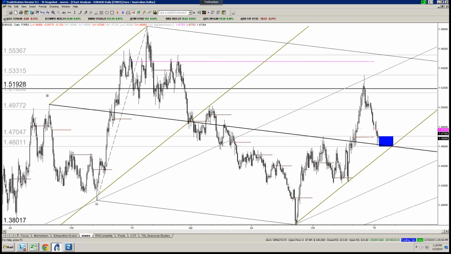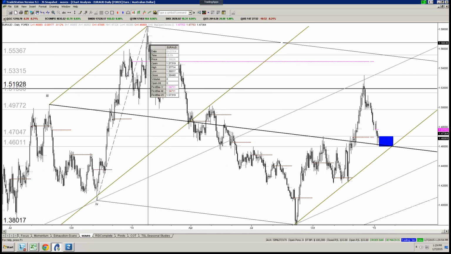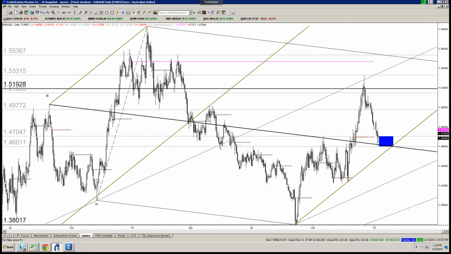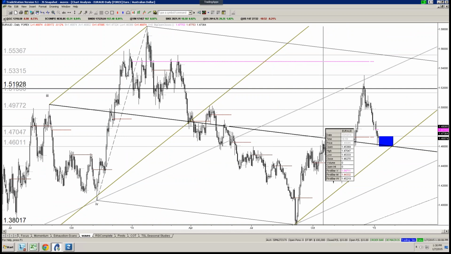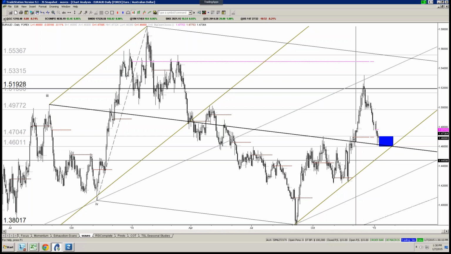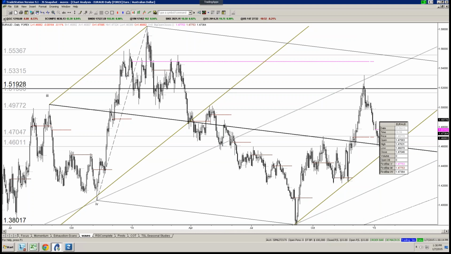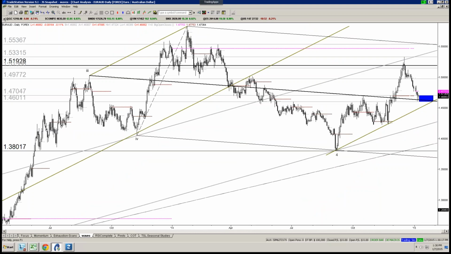Let's take a look at the EURUSD. This is potentially a much bigger opportunity. If we look back, scaling far back here, we pointed out some pretty big levels for the EURUSD as far as turns are concerned over the last several weeks.